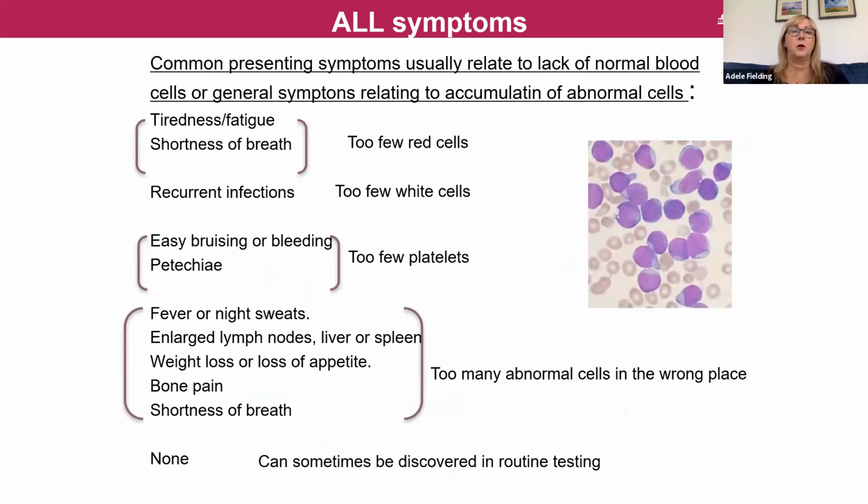And so the common symptoms which patients have when they present with ALL usually relate to either a lack of normal blood cells or general symptoms relating to accumulation of abnormal cells.